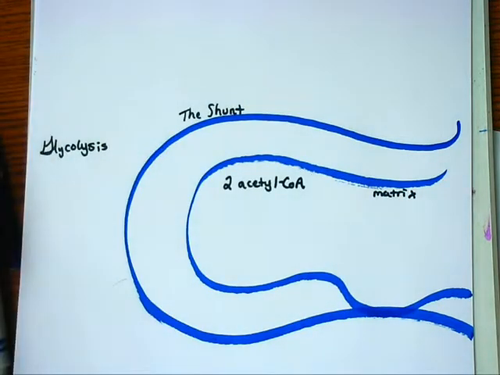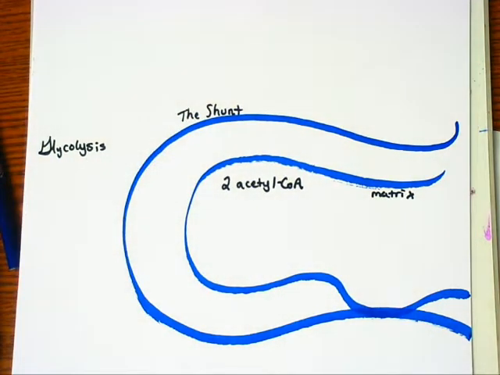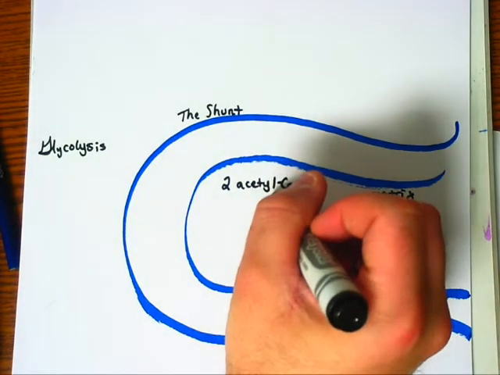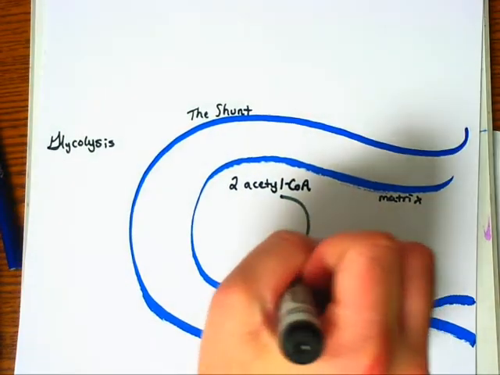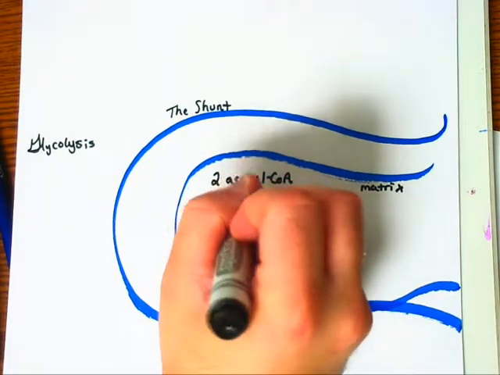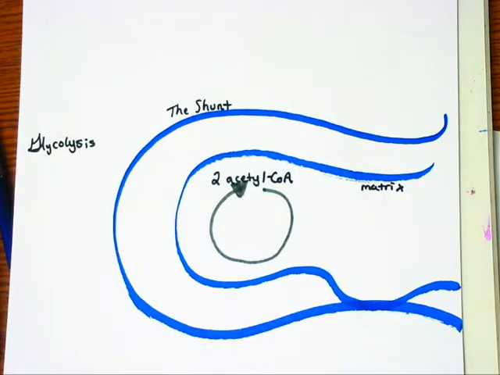Inception, something else. So you have your 2 acetyl coenzyme A's, right? Which were from the 2 pyruvates. And I'm going to incorporate them into an important cycle. That cycle is the citric acid cycle.